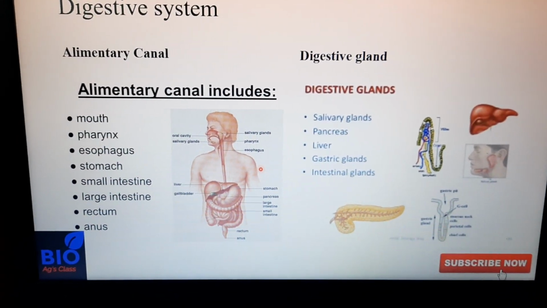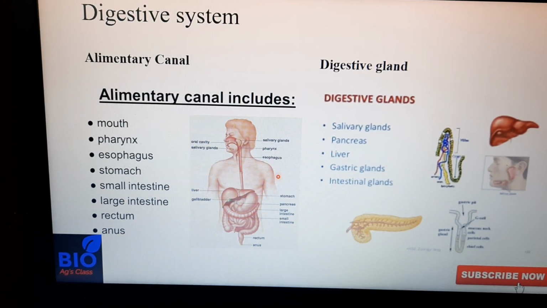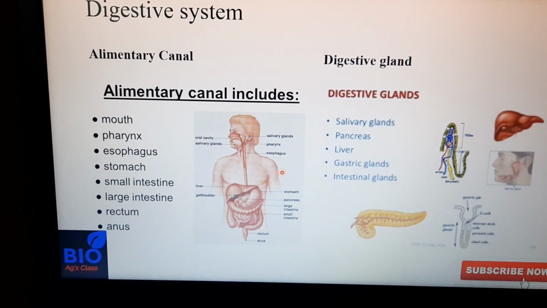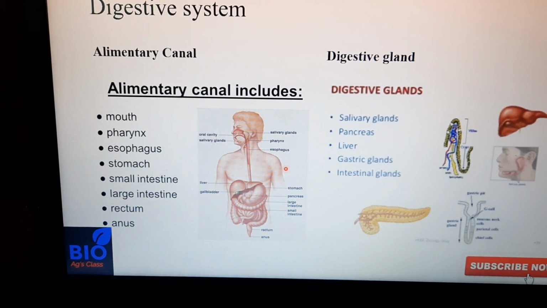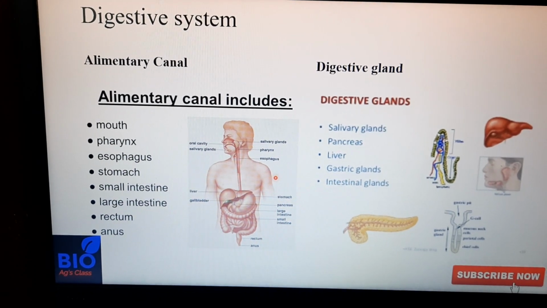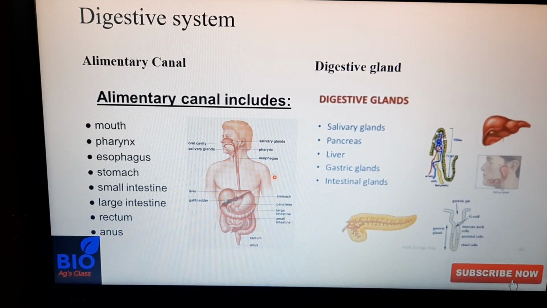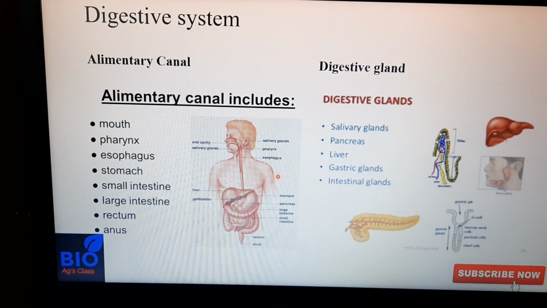The alimentary canal starts from the mouth. When we have some food in our mouth, it chews it with the help of teeth, tongue, and our palates. Teeth cut the foods into small pieces. The tongue helps to mix the food with saliva, and the palates as well.